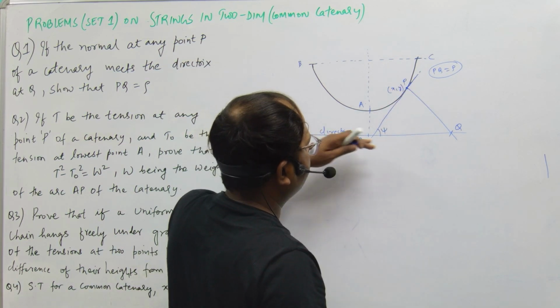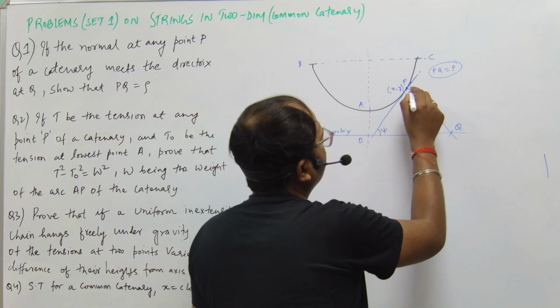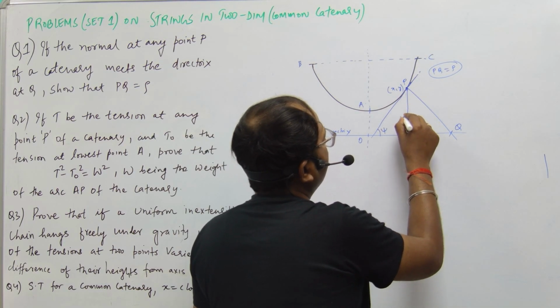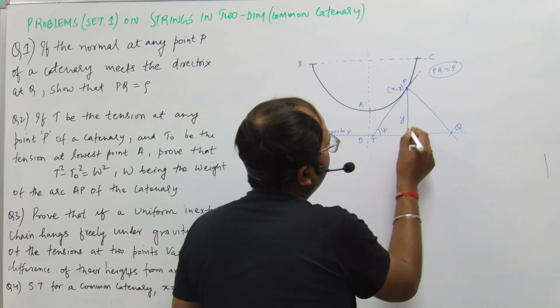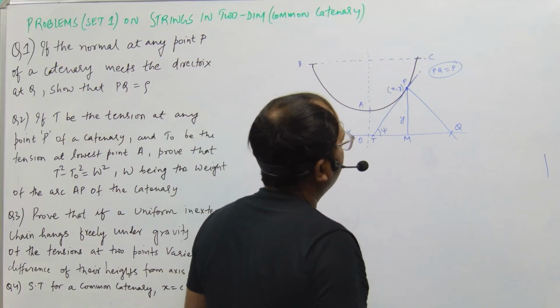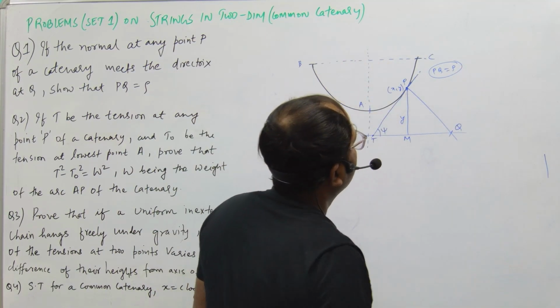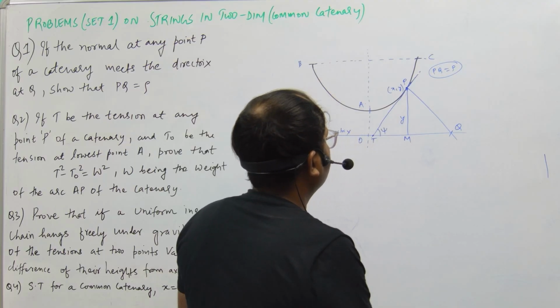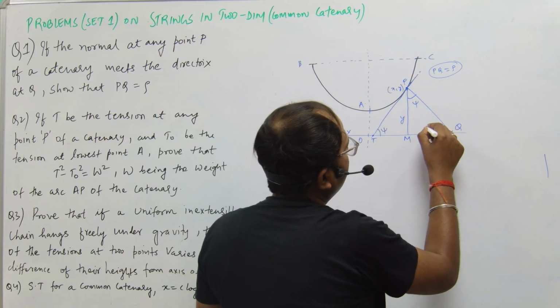Okay, so this is the axis of x, so this distance will be y. Let us take this point as M, this is PM. Okay, so we have to show that this particular distance, that is PQ, is equal to rho, that is the radius of curvature. So this angle is psi. This angle is also psi, and this is 90 minus psi.